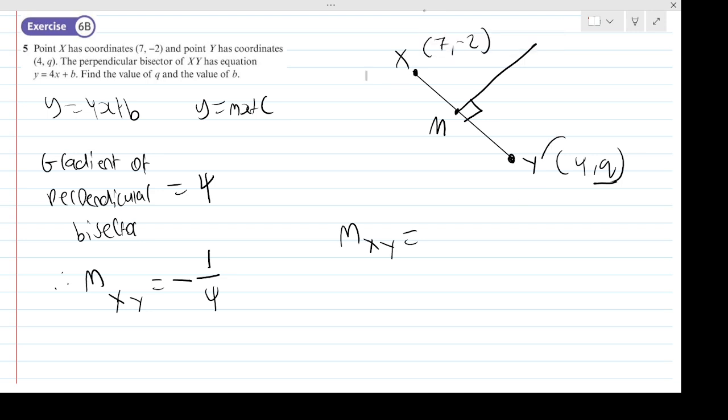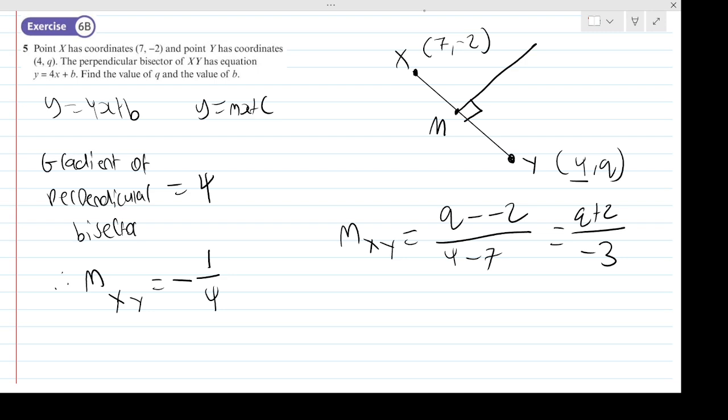But let's do this point here, the big y. The y coordinate of that is q, and then take away the other y coordinate, minus 2. Then the x coordinate would be 4, take away the other x coordinate 7. Then we can work with that to get q plus 2, because we have a double negative, over 4 minus 7, which is minus 3.